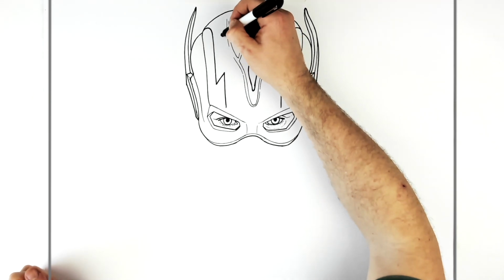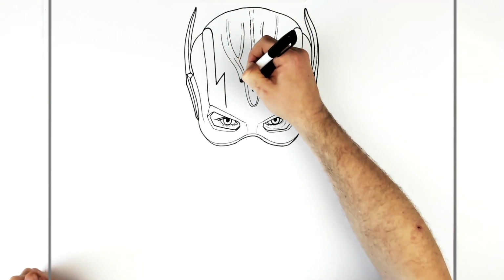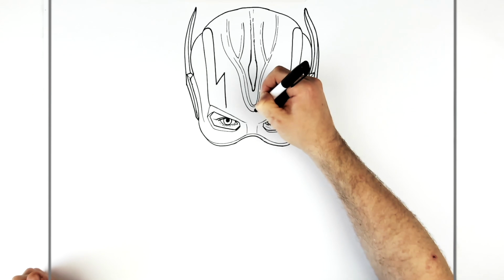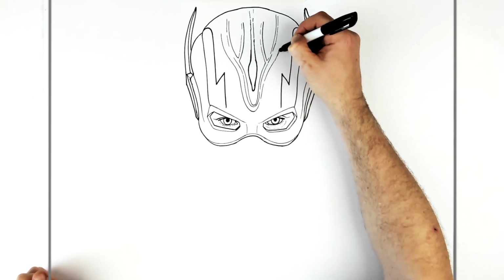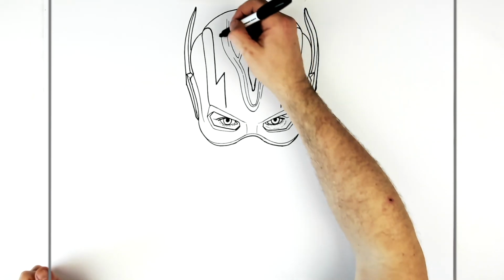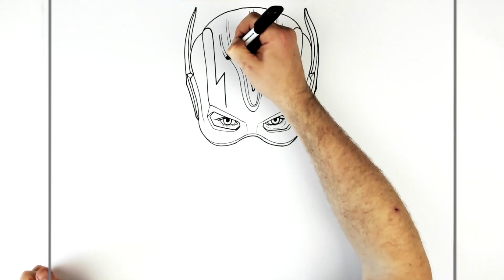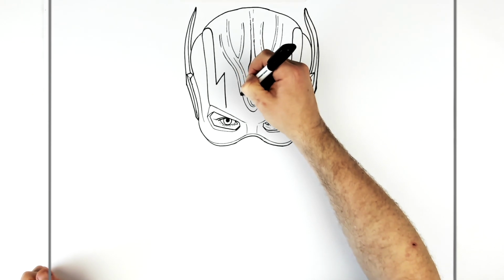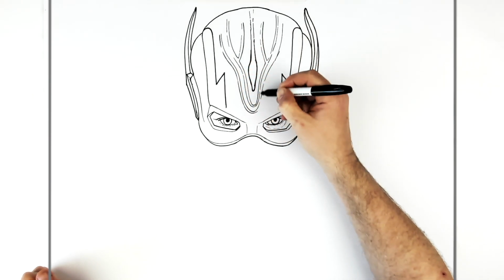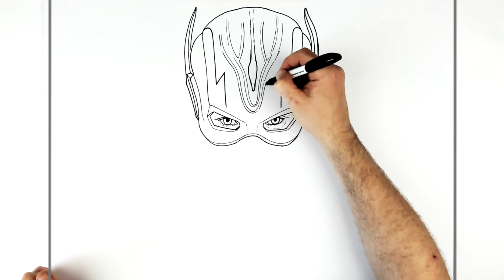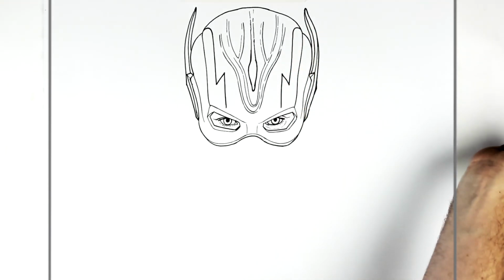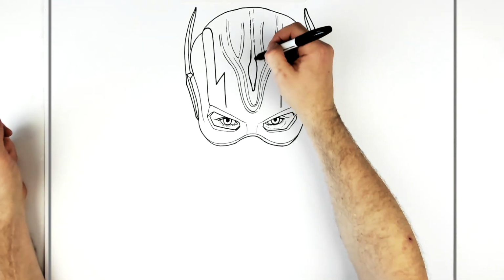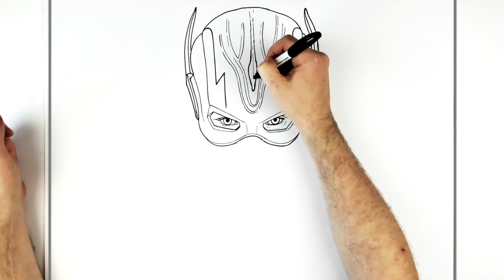And then down around here, we've just lightly drawn these in now, like so, and then we'll do another just line coming around. There. Maybe like a line straight down the middle of this one.